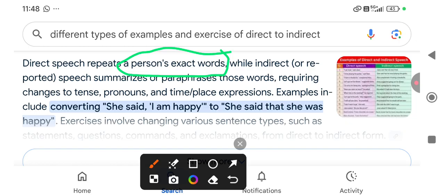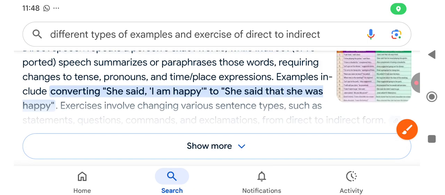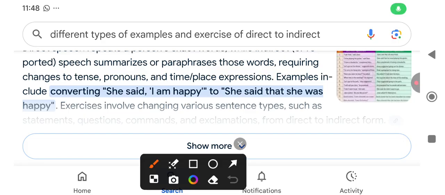So indirect speech is also called reported speech. It summarizes or paraphrases those words. Means when we summarize someone's words or paraphrase, that is also called paraphrase. So then requiring changes to tense.